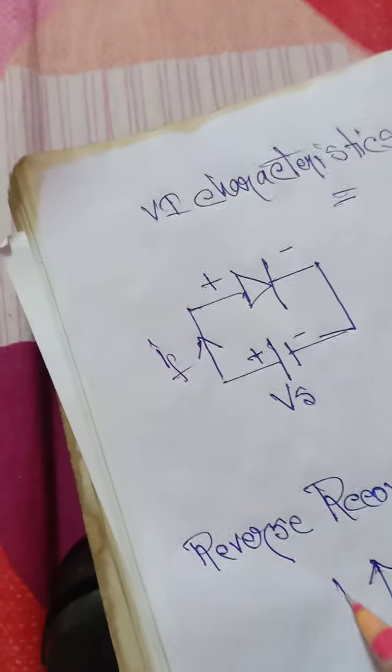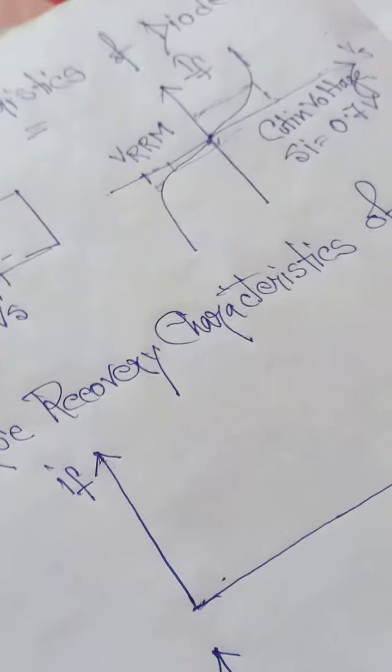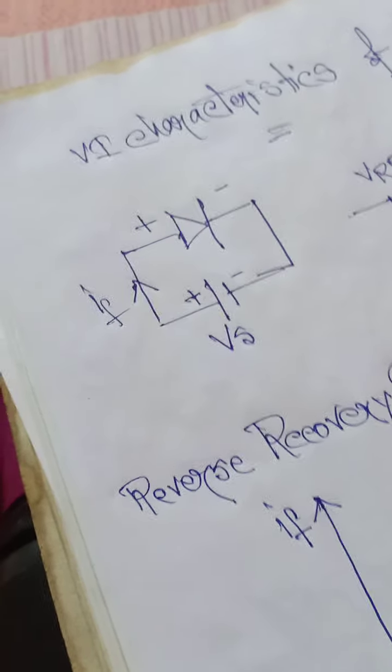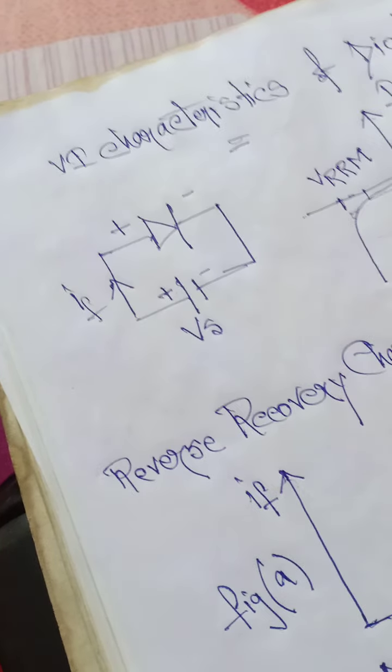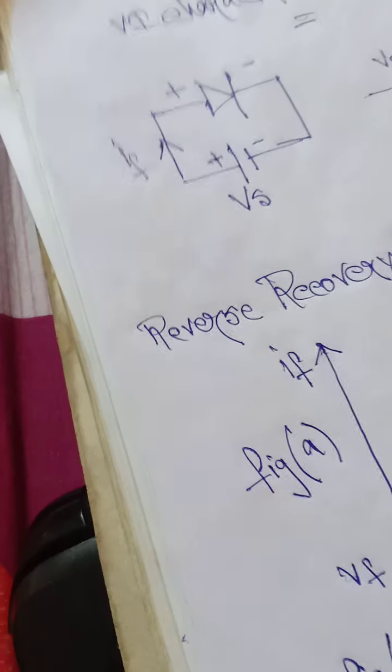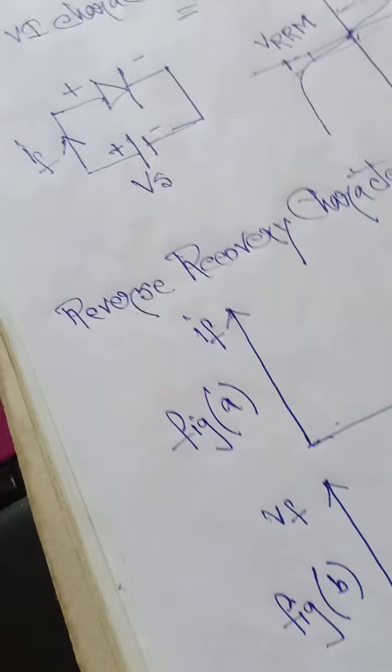Here it is IF, this is VF, that is figure A, this is figure B, and this is figure C. Figure C is the power loss in diode.